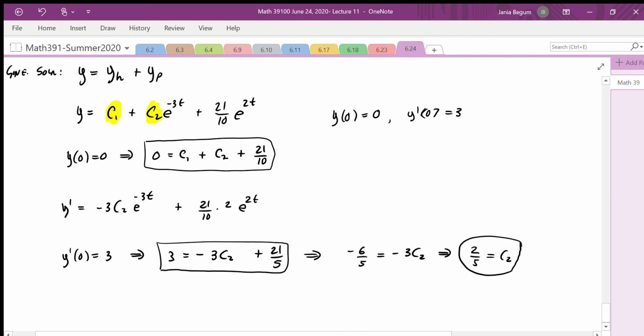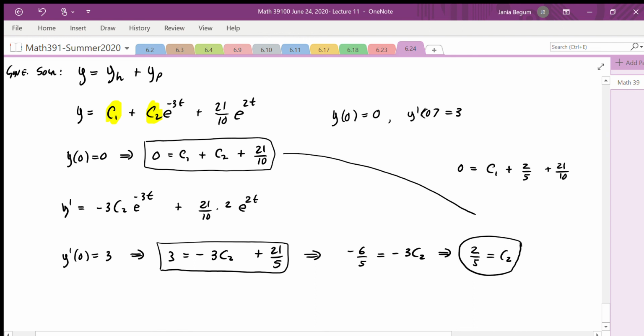Okay, so that's nice and neat. If that's C2, I can plug this into the first equation and work it through for C1. So we have 0 is equal to C1 plus 2 over 5 plus 21 over 10.